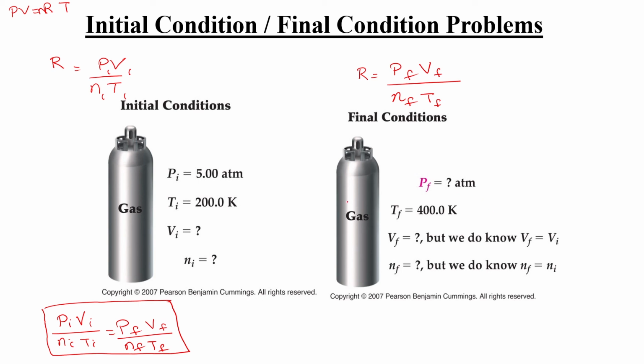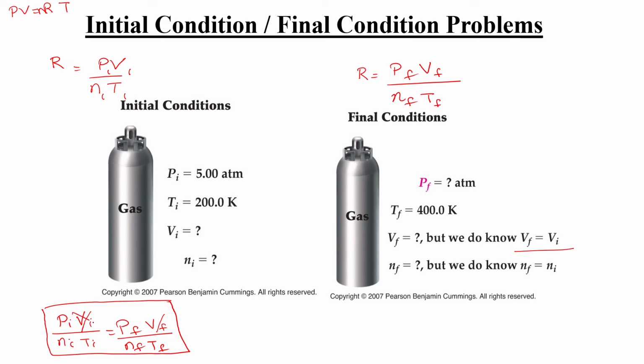So let's see that we are starting from this equation, and now we have this problem that we are going to solve. For this problem, the temperatures are given, right? There is a change in temperature, and you have to find the final pressure. So we have information about temperature and pressure, but there isn't any information about volume, because it is constant. Initial and final volume is constant, so we can simply cancel it out from this equation.